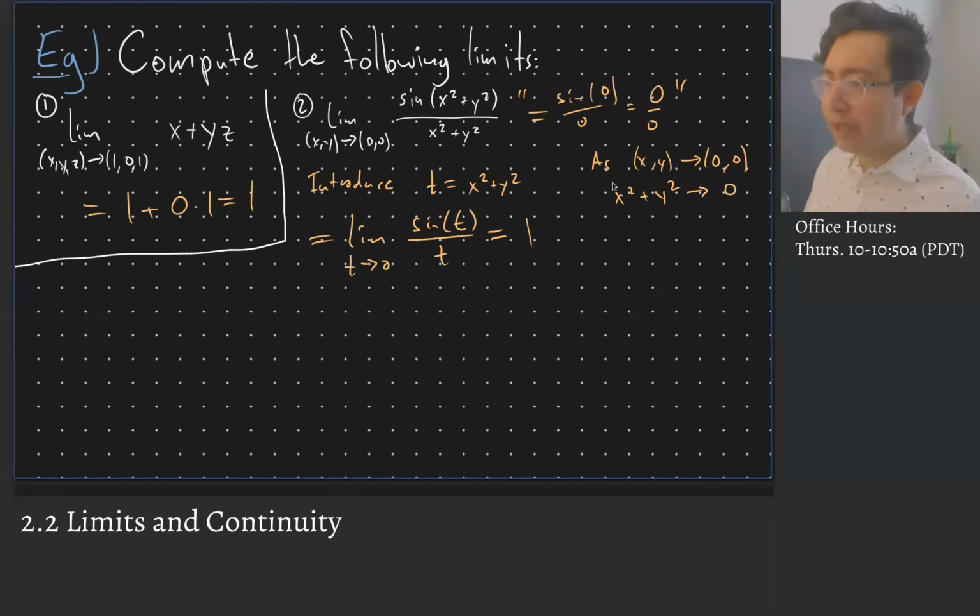This is the important thing. This is the reason we're allowed to make this substitution, because that means that we can replace this here with t goes to 0. So that means that this and this are directly interchangeable.